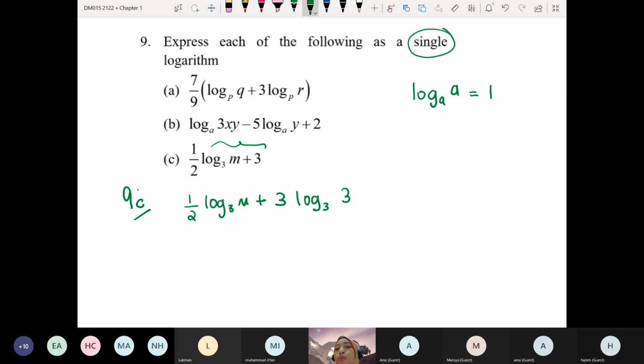But you don't choose log 2 base 2. Even though it is 1, it will make things difficult for you, because the base is not the same. So you have to introduce the same base. Introduce log A base A equals 1, but you choose the same base as the first term.